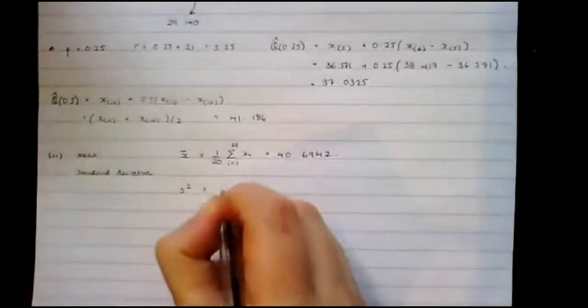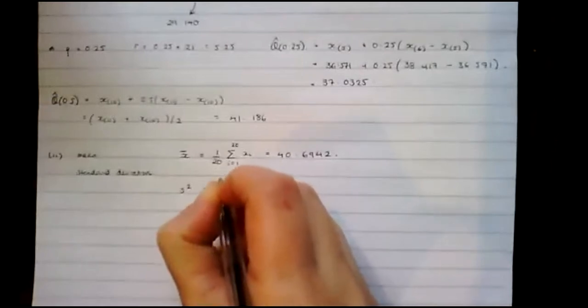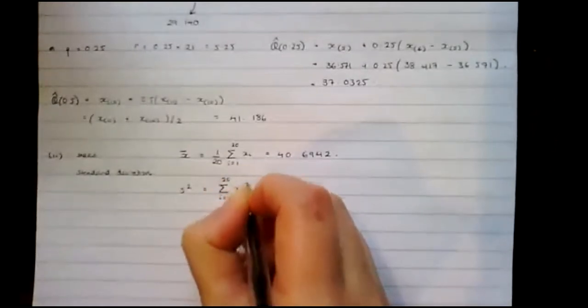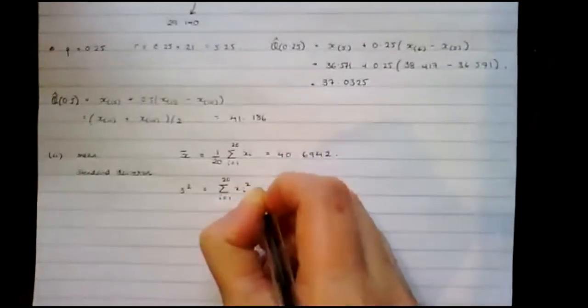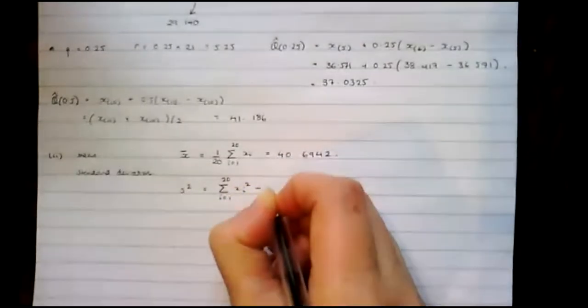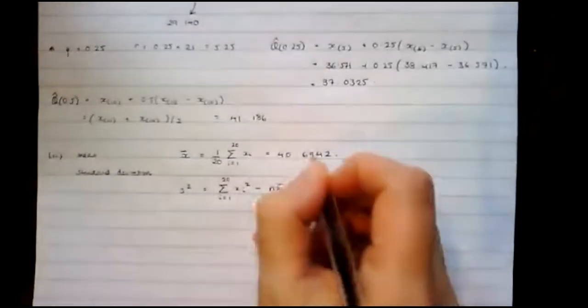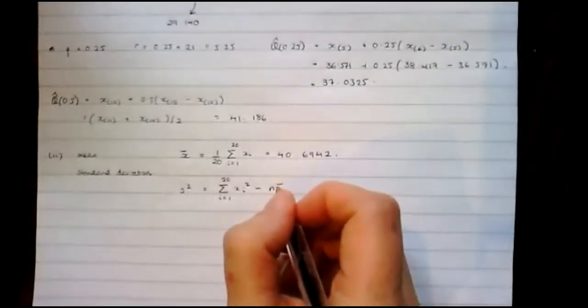Now, the thing that's easier for us to calculate is S squared, the variance of the sample. And in this case, the formula that I'm going to use is this one. I'm going to, first of all, sum up over the squares of each element in the sample, and then I'm going to subtract off n times the mean squared. Now I've already calculated what the mean is, so I can plug that one in.